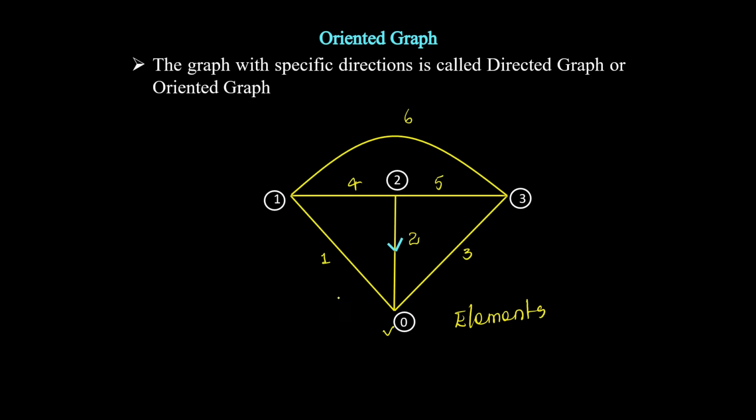So now let us see the orientations or the directions given for the other transmission lines also. This is the first transmission line direction, second already we have taken, and this is the fourth transmission line, fifth transmission line direction, sixth as well as the third transmission line direction. So these are the certain directions that we have considered. If any graph is represented with a specific direction of the power flow, then you can say that is an oriented graph.